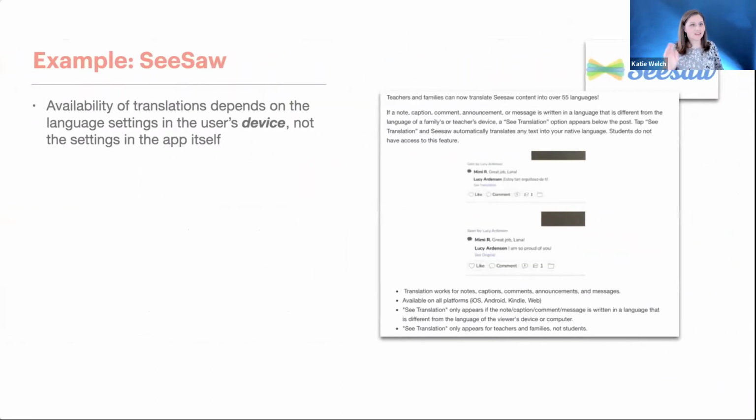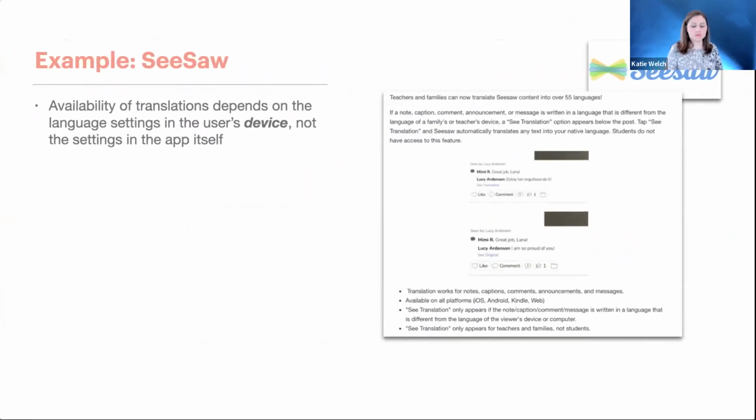On the other hand, think about another popular communication tool, SeeSaw. If parents want to access translations in SeeSaw, it's a completely different process. These translations depend on the language settings in the user's device. So it's not in the app itself. You don't log into SeeSaw and change a setting.